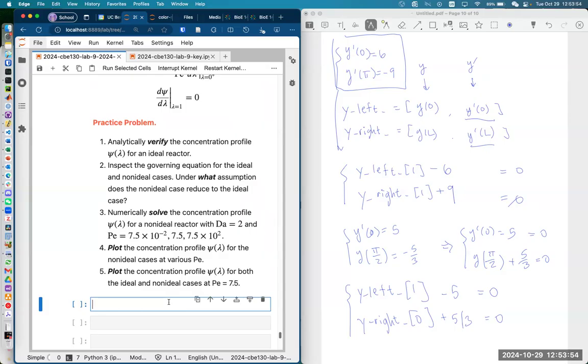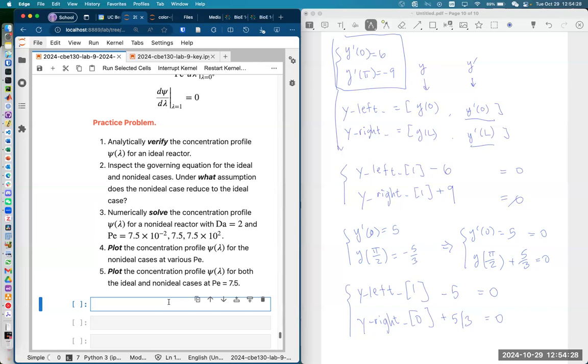So how can I indicate the field now? It's going to be 1 minus 0.